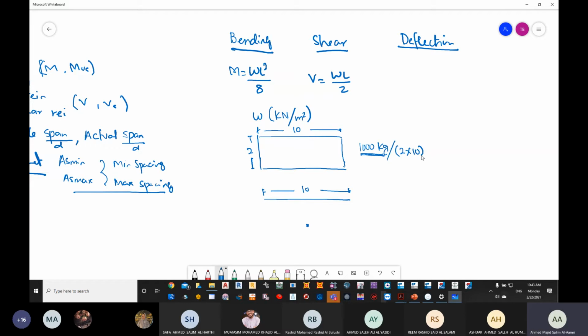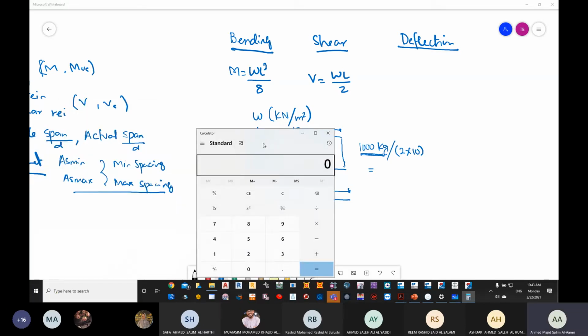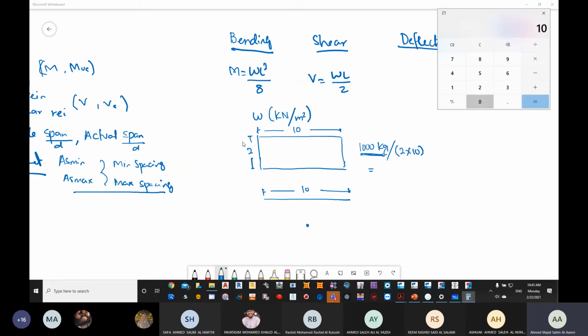So now what do I have? I have how many kilograms per meter square? I have around 50. Let us make sure. So 1000 divided by 20. So we have 50 kilograms per meter square.